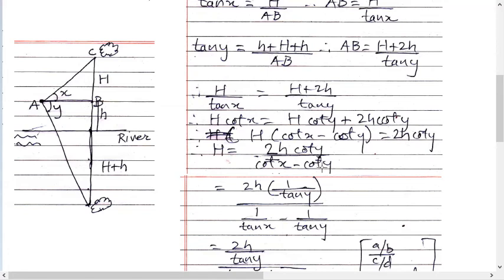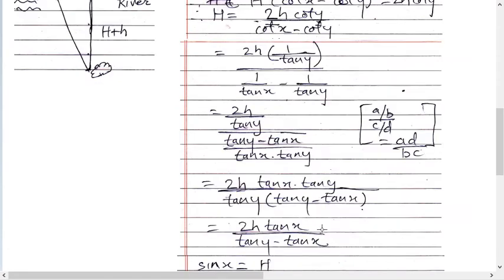Now check the answer options given. If they are given in cot, leave it as it is. If given in tan, convert all these cots into tan. So H equals 2h into 1 upon tan y, the whole upon 1 upon tan x minus 1 upon tan y, which is 2h upon tan y, the whole upon (tan y minus tan x) upon tan x tan y.